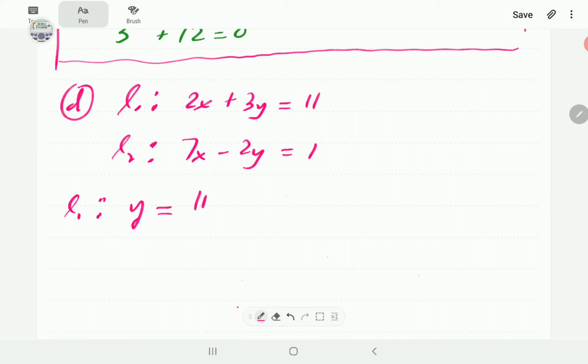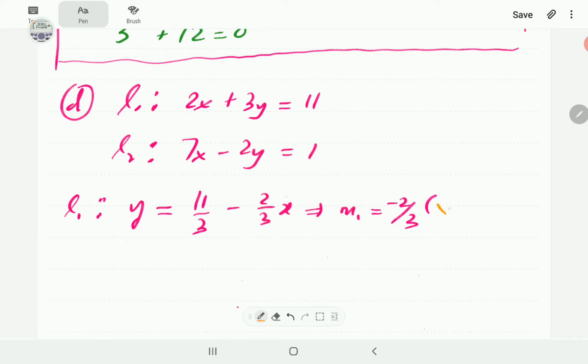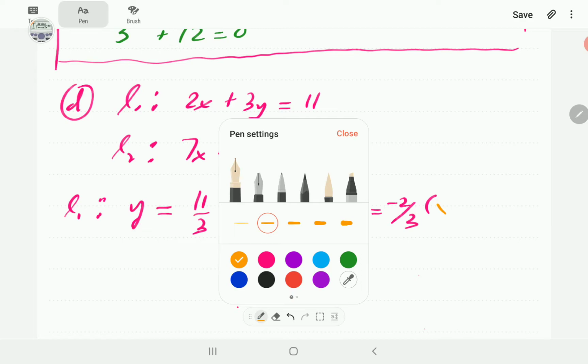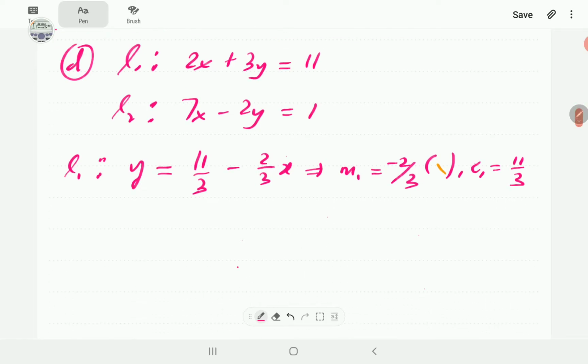L1 is going to work out to y equals 11 over 3 minus 2/3 x. So from here, m1 is minus 2/3. That tells us that the line L1 is downsloping. Then c1 is 11 over 3. Then go to L2.